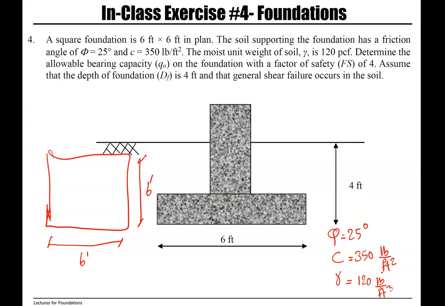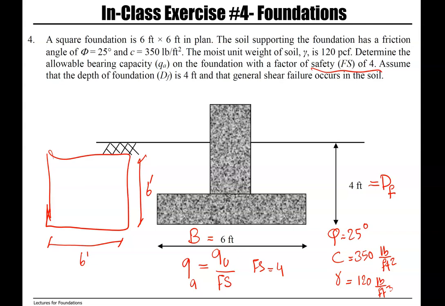The question is asking you to find allowable bearing capacity, which is equal to ultimate bearing capacity divided by a factor of safety. And the factor of safety that we need to use is 4. We have depth of foundation as 4 feet and width of our footing 6 feet.